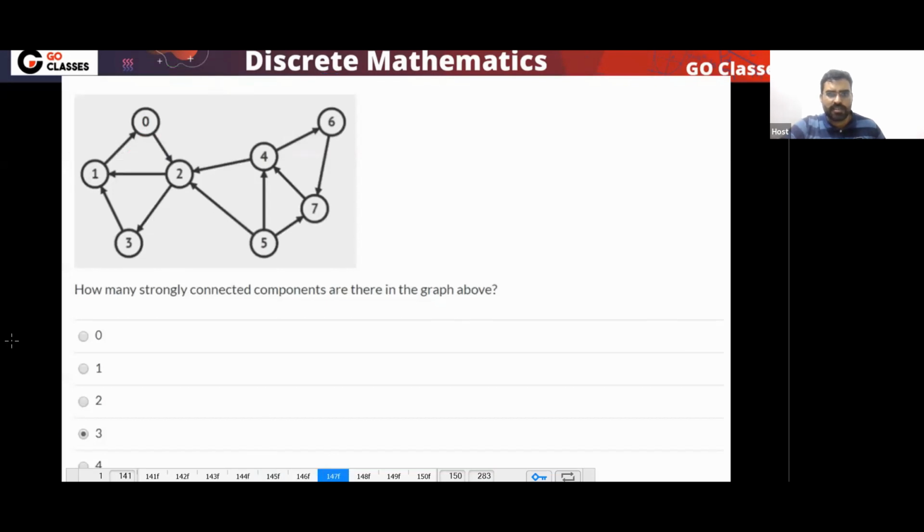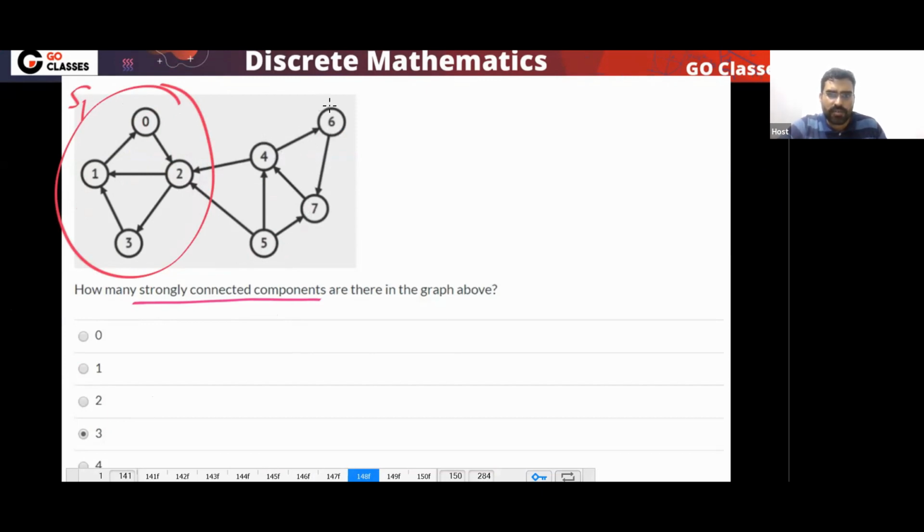Okay, so that's it. Tell me the answer for this. Quickly tell me how many strongly connected components you have in this graph. So you can notice this is one strongly connected component, S1. What is next?